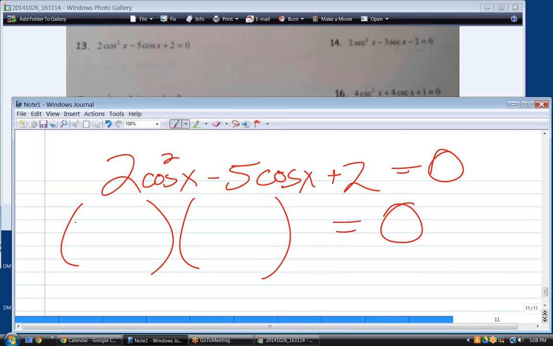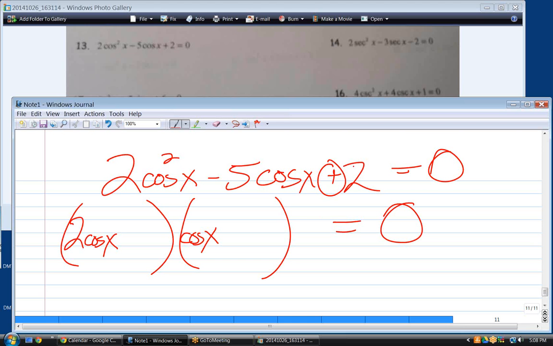How does it factor? That's how it starts. What are the signs? Minus and plus. What are the signs? Both positive. Both the same.